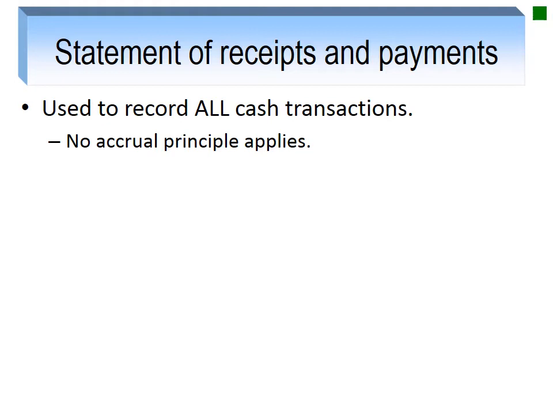Accrual happens when we accrue for income in the period it relates to, even if we haven't received the money, or we accrue for expenses in the period it relates to, even if we haven't physically paid the expenses. So a statement of receipts and payments just shows the cash transactions. If you look at example 10.5, it shows what the statement looks like.